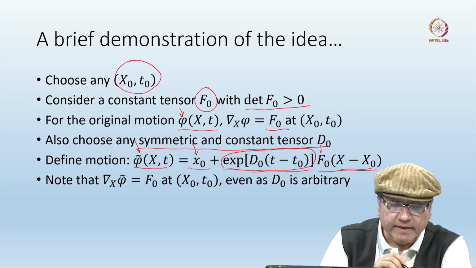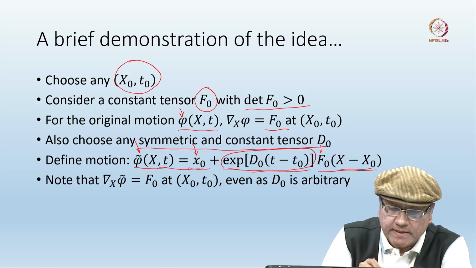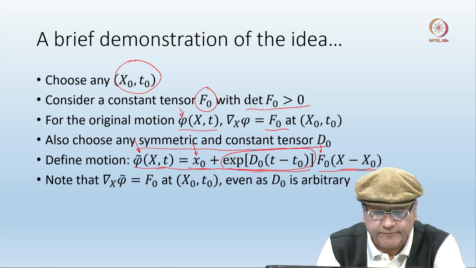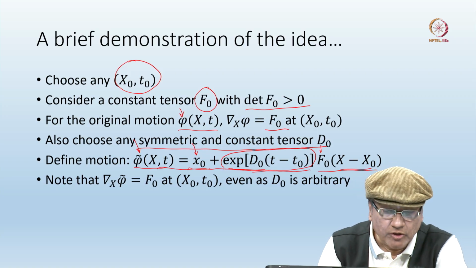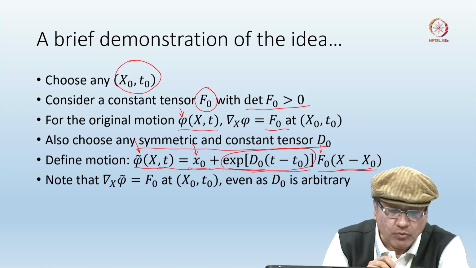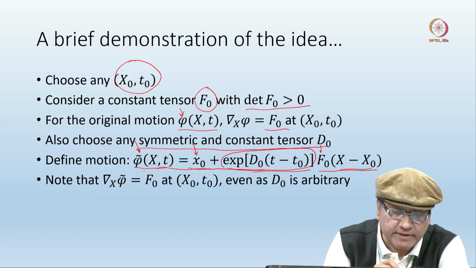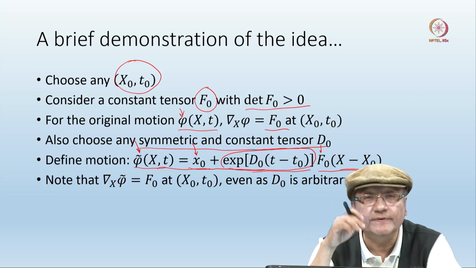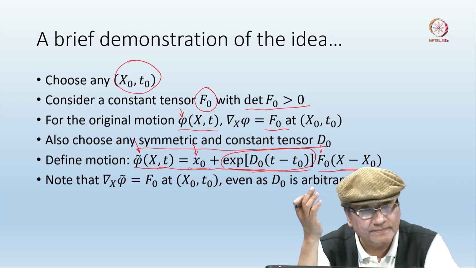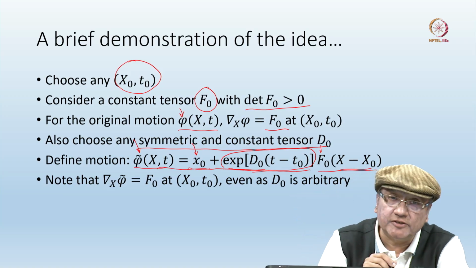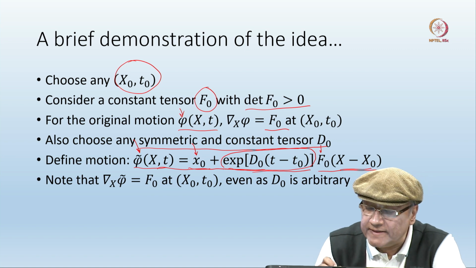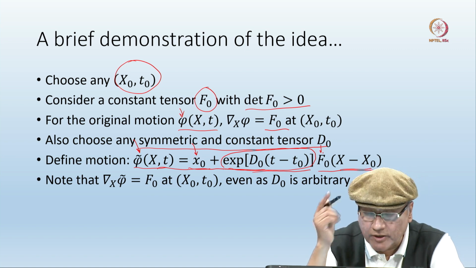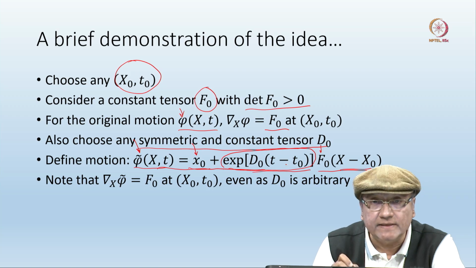The important thing here is that, based on this prescription of phi tilde, if you now find your f, what is the corresponding deformation gradient for phi tilde at x0, t0? You can easily differentiate and directly find that it is nothing but f0, because at t0, t minus t0 is 0.